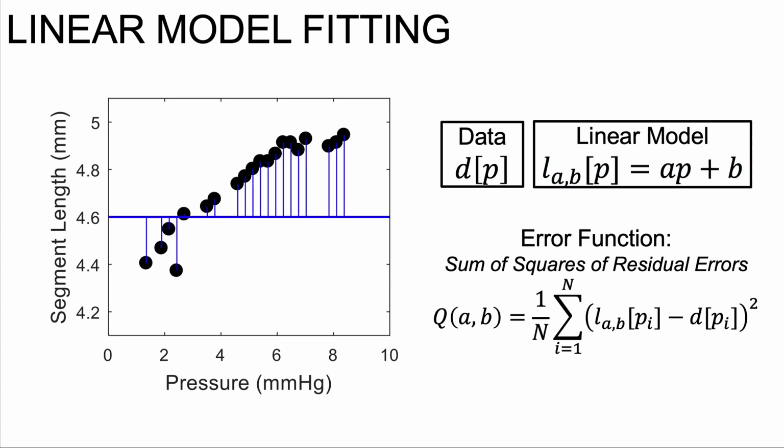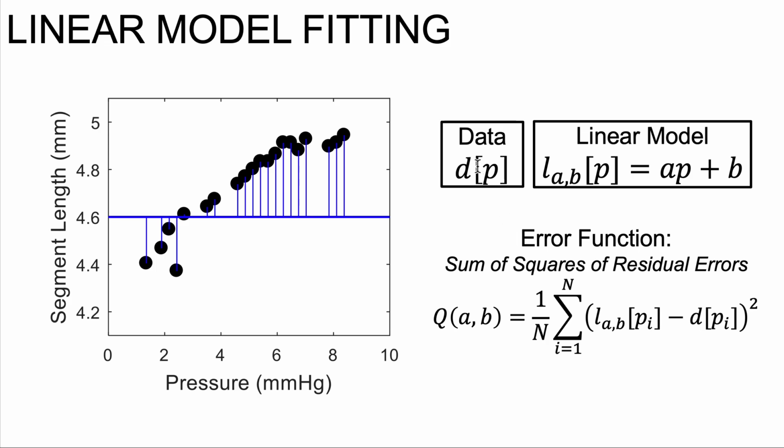So how do we fit this line? First, we define an error function. Let's say we fix parameters A and B and look at this line as a function of the independent variable P. For each P, indexed here by subscript i, we can measure how far the line is from the actual measurements.